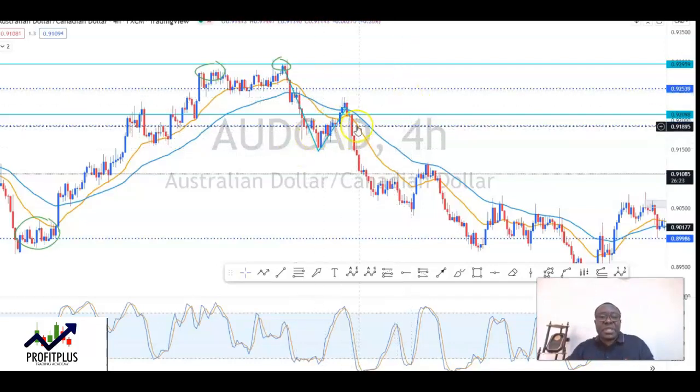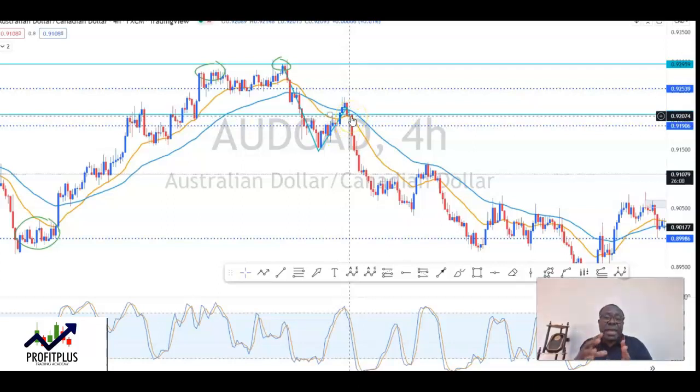All right, retracement area. So the retracement area is the space between the 21-day moving average and the 50-day moving average. All right, so when price enters between those two lines, the blue line and the orange line, that's what you are looking for.